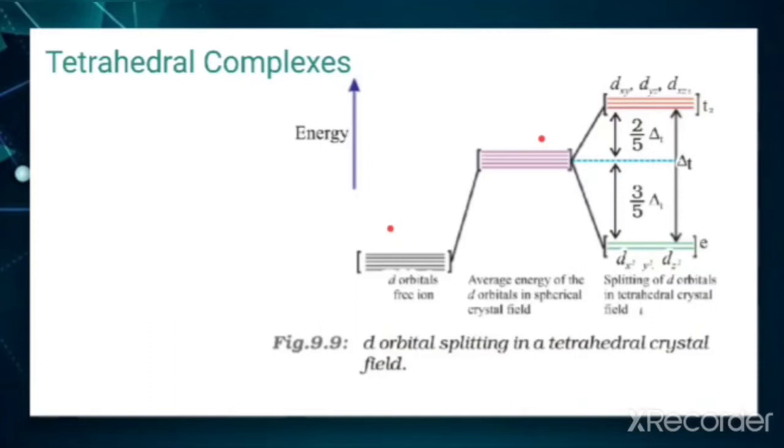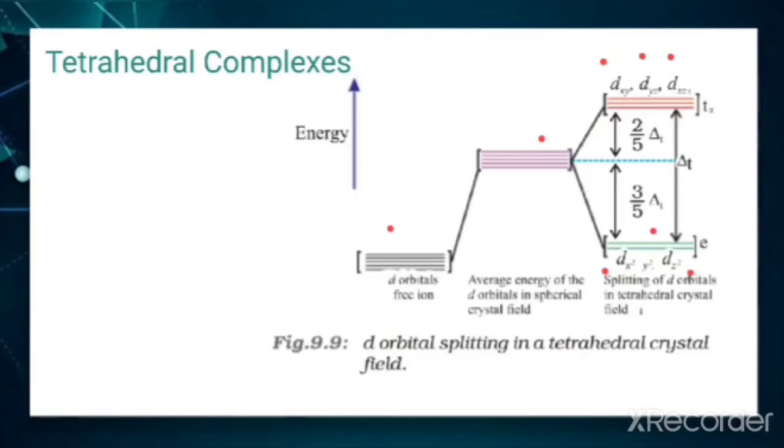The d orbitals undergo splitting, but in this case, from the studies that have been done, it is observed that the orbitals like dx square y square and dz square have lower energy, and the orbitals like dxy, dyz and dzx have a slightly greater energy.